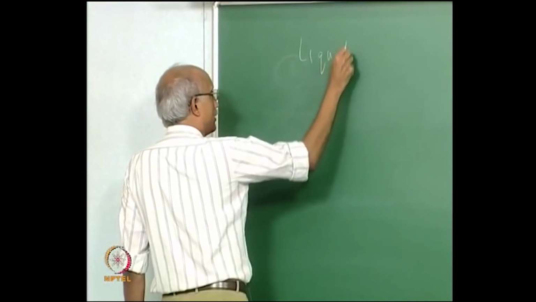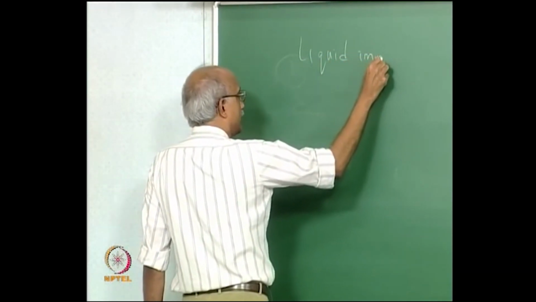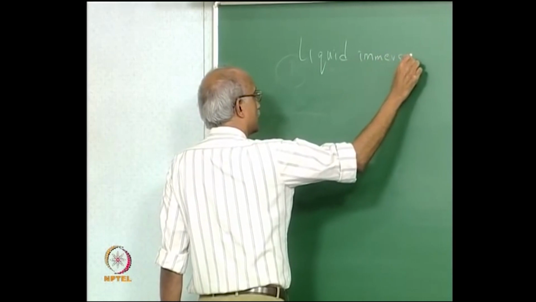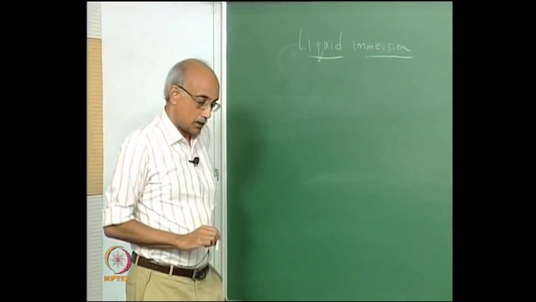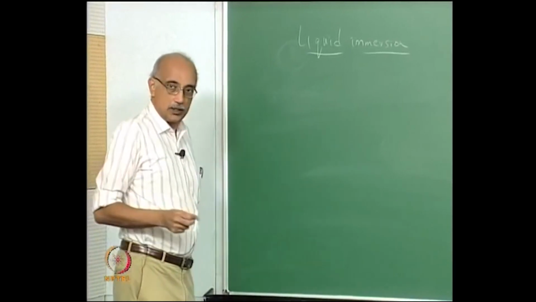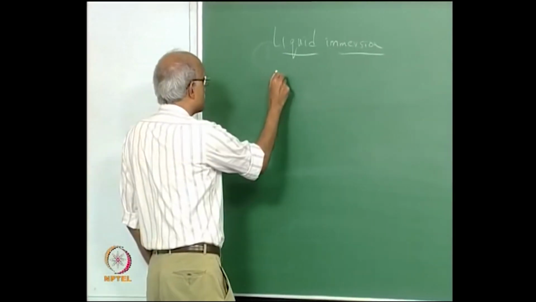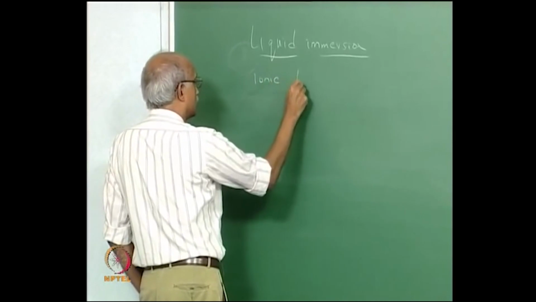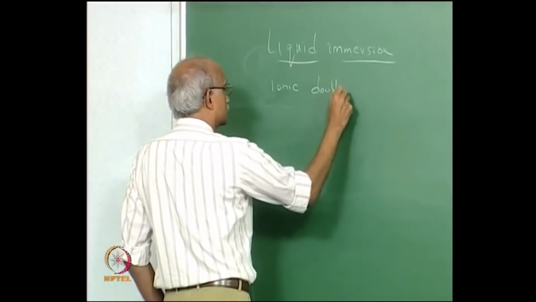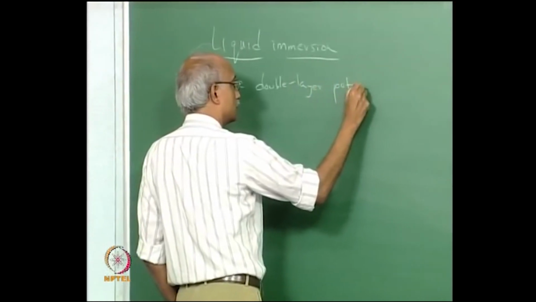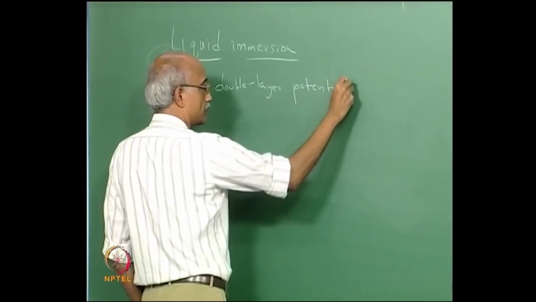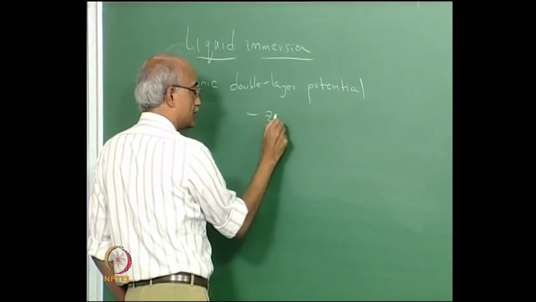So, in the case where the particle is immersed in a liquid, the potential that develops is called an ionic double layer potential, also known as zeta potential.